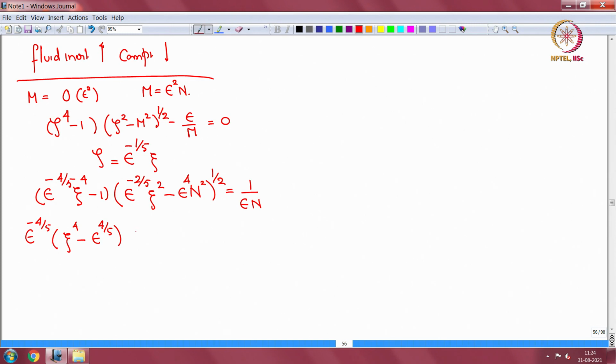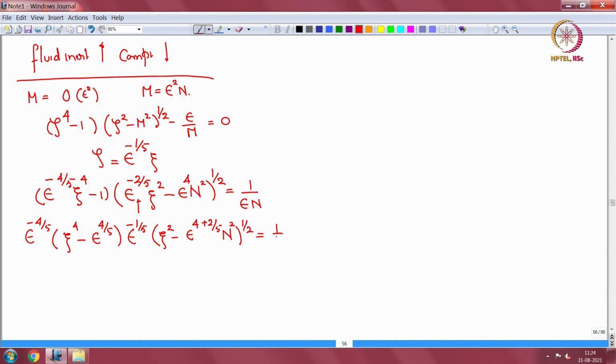Then I take epsilon to the power minus 2/5 out, so it comes out as epsilon to the power minus 1/5, and xi square, and inside I get epsilon to the power 4th plus 2/5, n square to the power half.